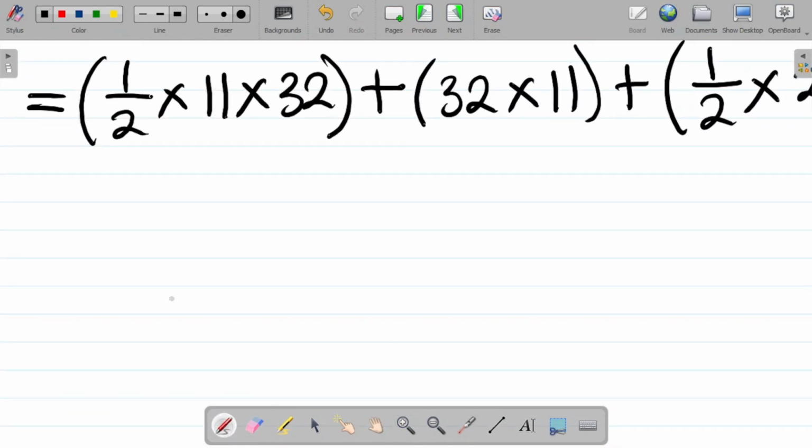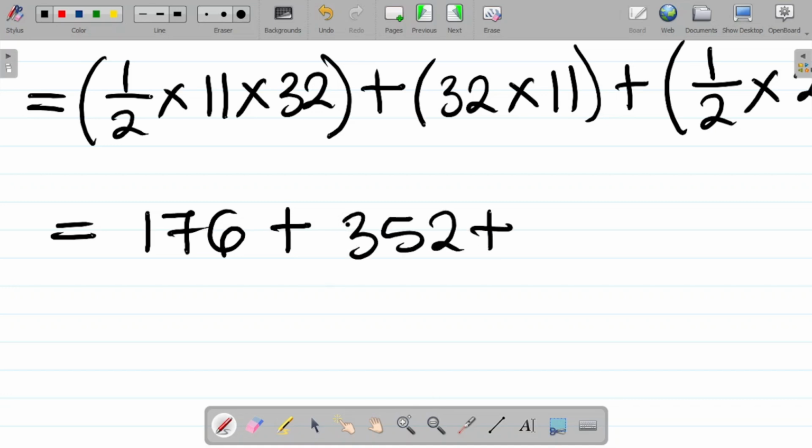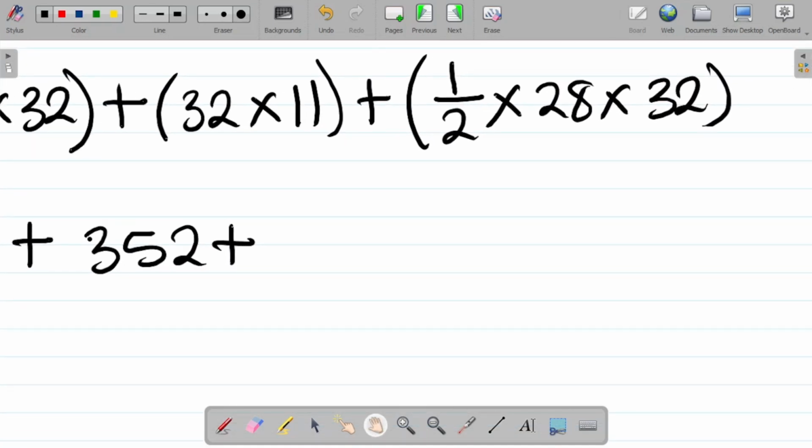So this is equal to half times 11 times 32, and the answer here is 176 for section 1, plus, for section 2 I have 32 times 11. The answer here is 352, plus, for section 3 I have half times 28 times 32, and that's about 448.